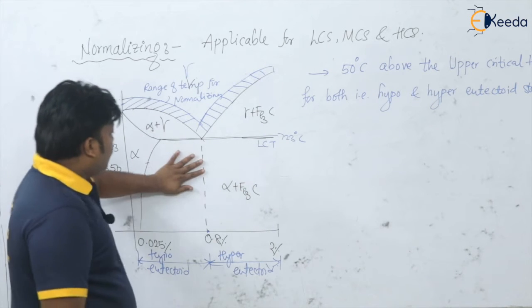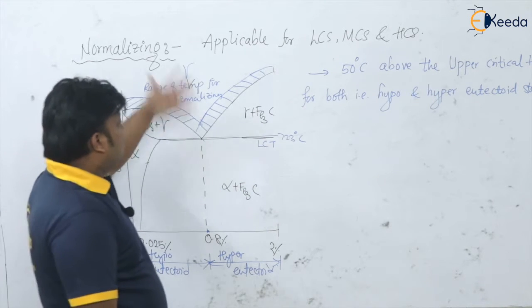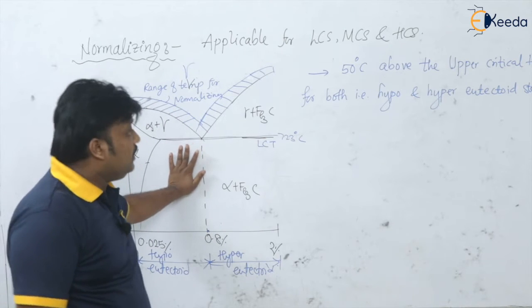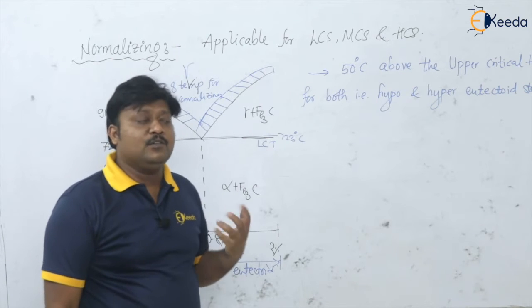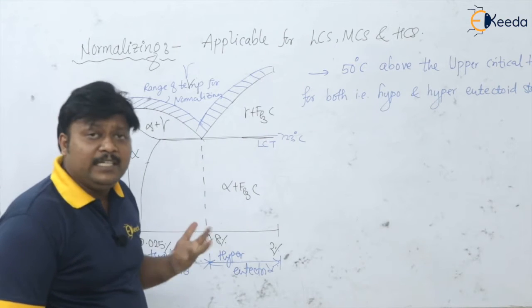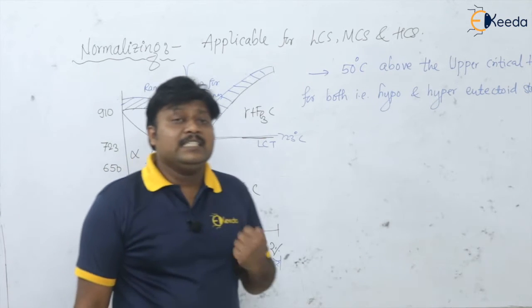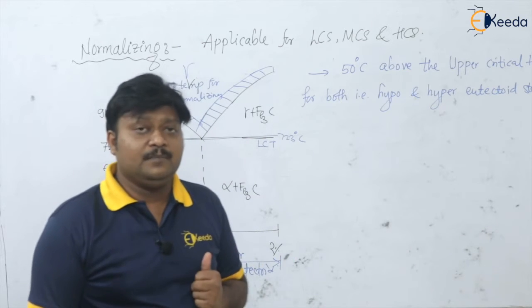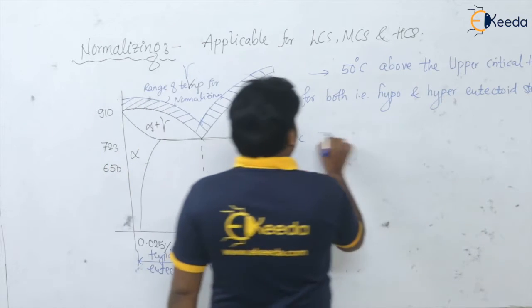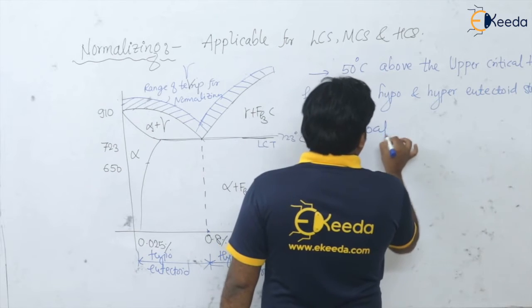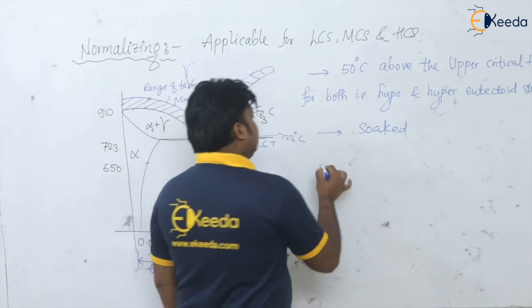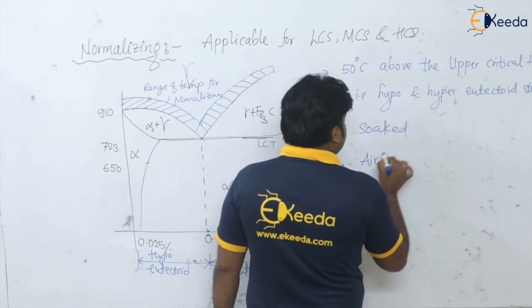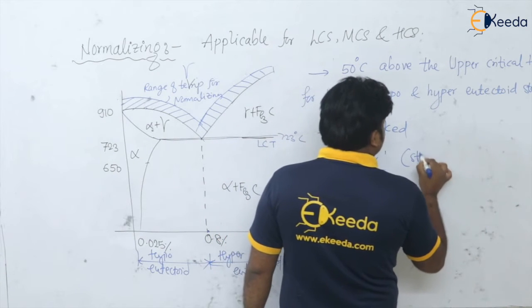So when it is heated just 50 degrees centigrade above this upper critical temperature, the component is soaked or held for a particular amount of time, and that holding time basically depends upon the section thickness of the object. And when it is soaked for a suitable time period, it is cooled in the air, or cooled in still air.